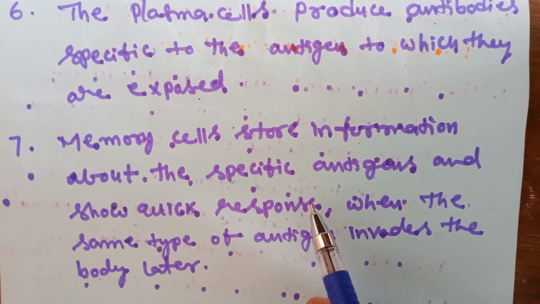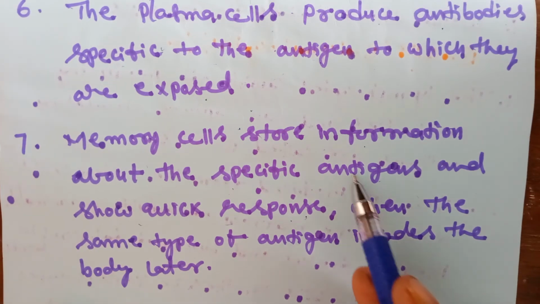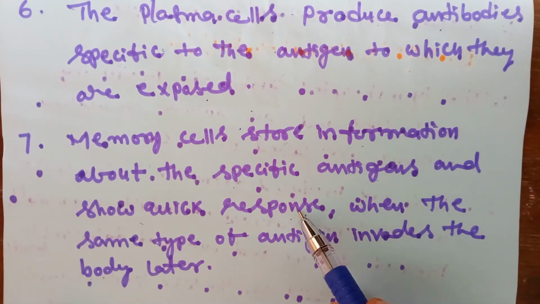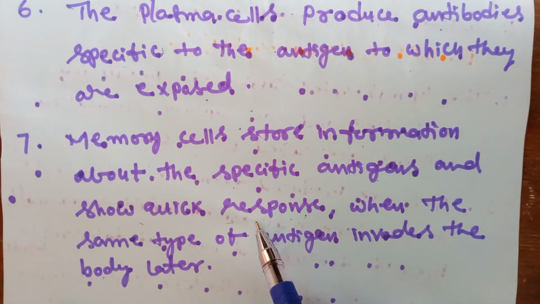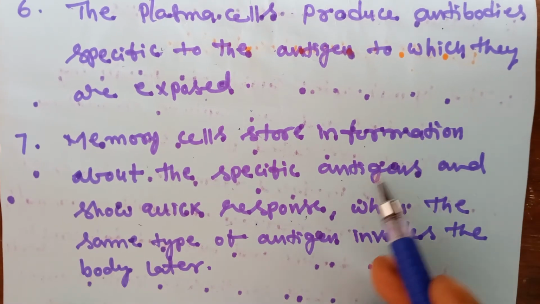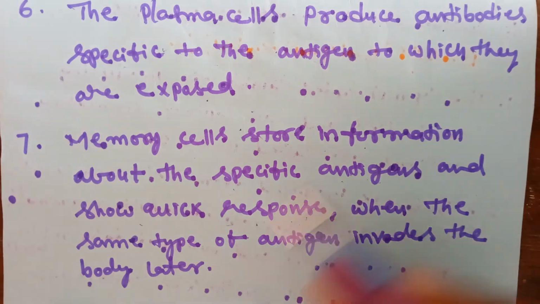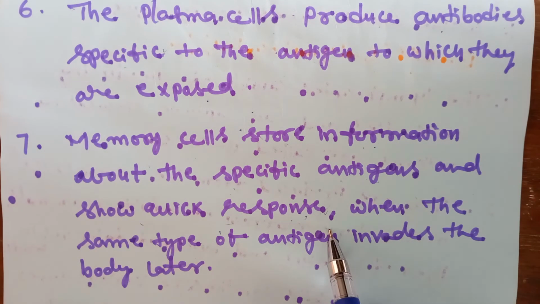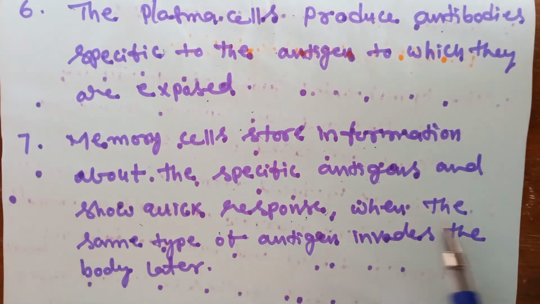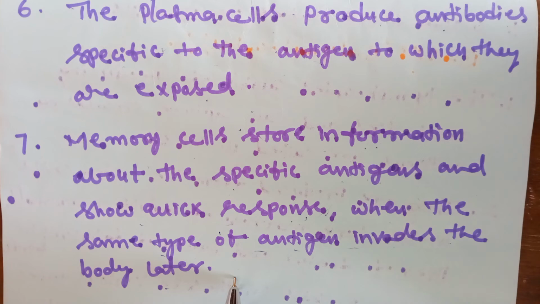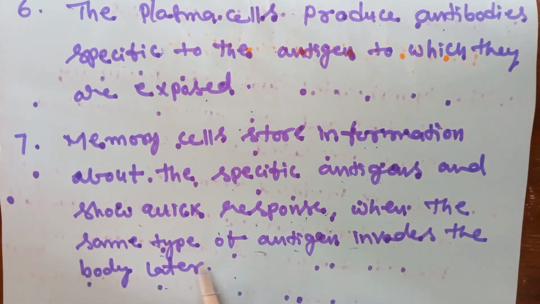When the same type of antigen invades the body later, the memory cells that store the information respond quickly and destroy the virus or bacteria. For example, you take the COVID vaccination and antibodies develop in your body.